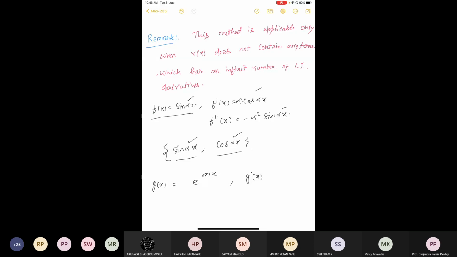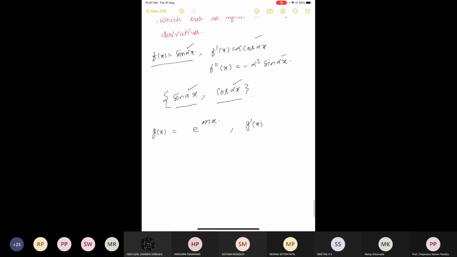Any question here? So the idea is, once you have a function, find out all its derivatives, and we can only find a finite set of linearly independent functions out of it, right?